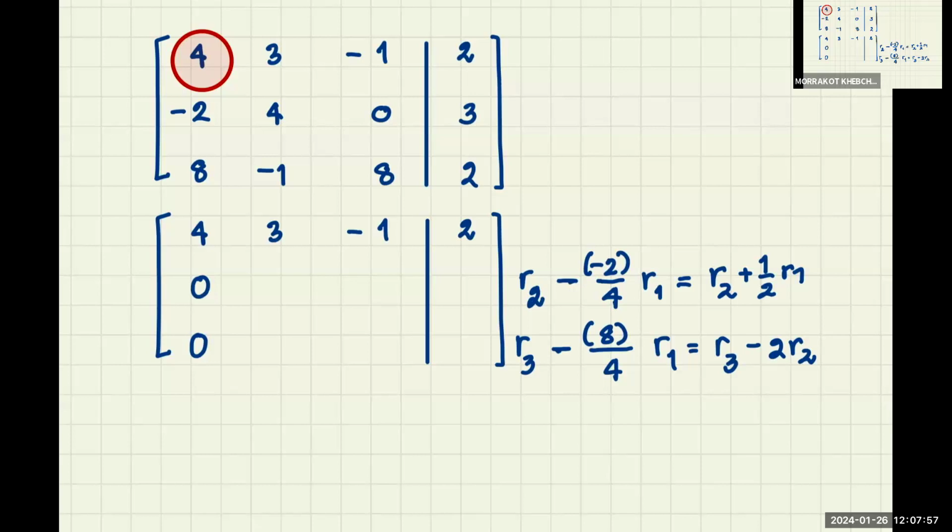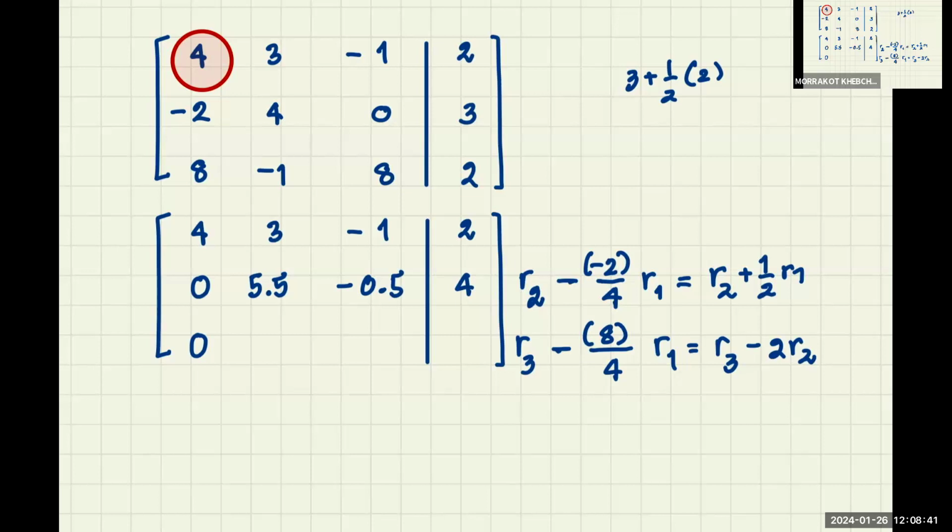Okay. So it is 4 plus 0.5 times 3 is 5.5. 0 plus, so minus 0.5. 3 plus 1 over 2 times 2, 4.